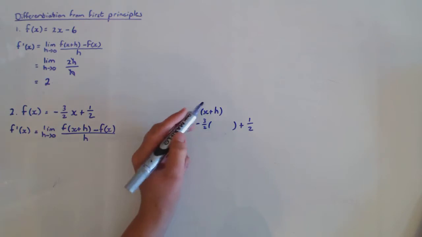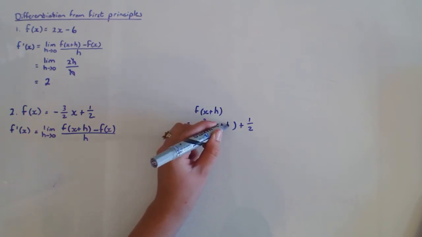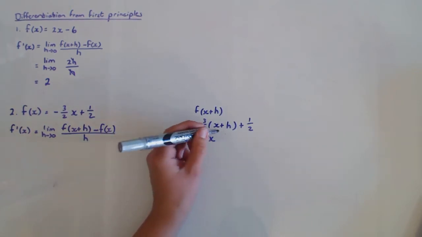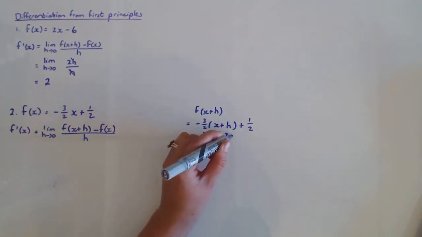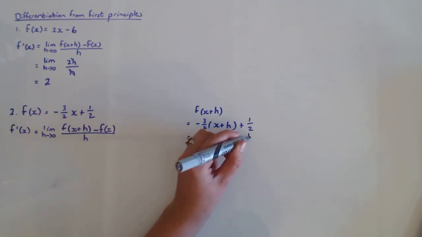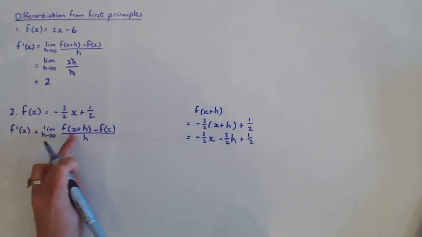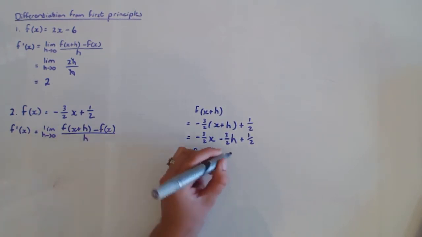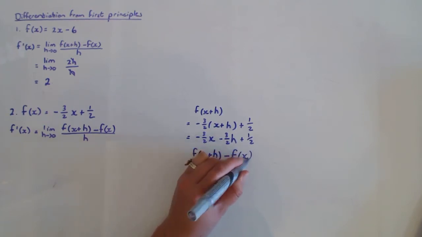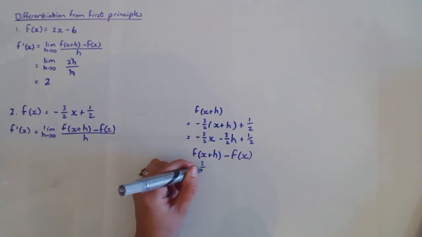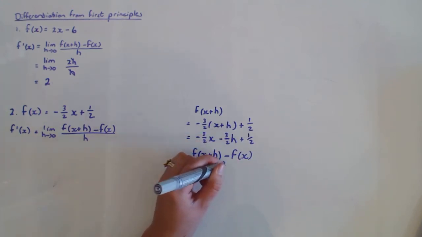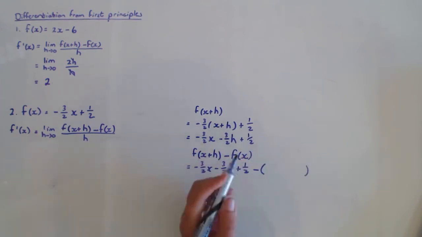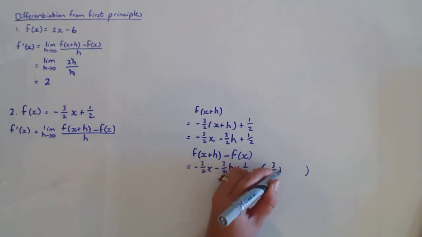But in the place of x, I'm now going to put x plus h. And then this is going to become negative 3 over 2(x plus h), plus a half. And now if I just complete the numerator by subtracting the f(x) from this also, I have this expression here on top, which I subtract my original function from, which is negative 3 over 2x plus a half.